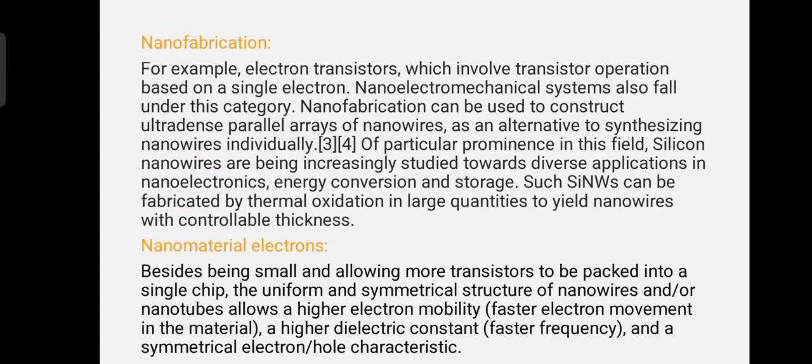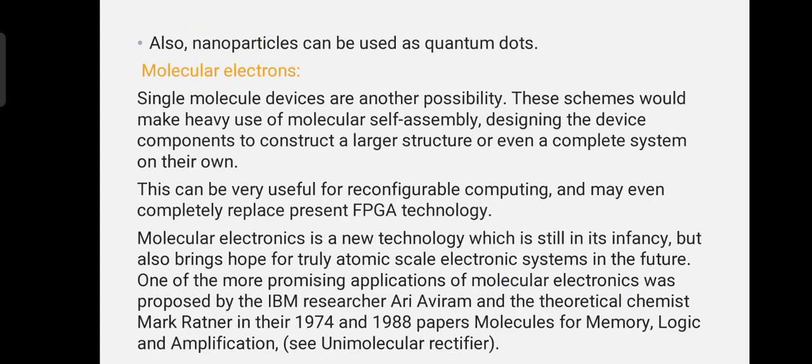Nanomaterial electronics, besides being small and allowing more transistors to be packed into a single chip, the uniform and symmetrical structure of nanowires and nanotubes allows a higher electron mobility, faster electron movement in the material, a higher dielectric constant, faster frequency, and a symmetrical electron hole characteristic.